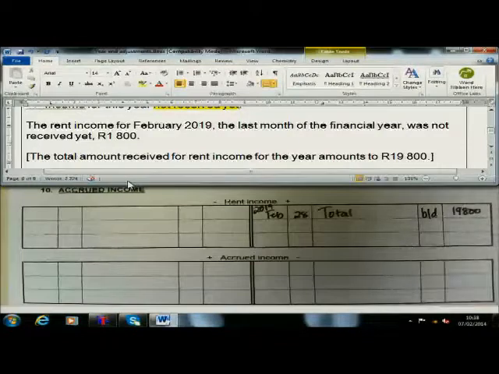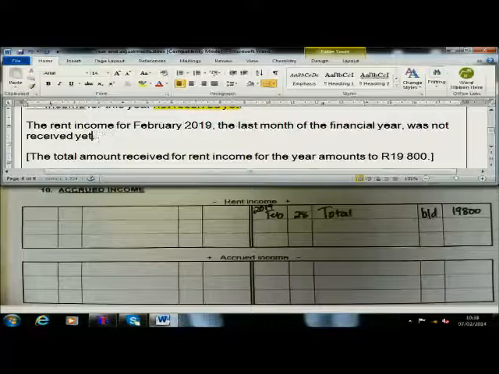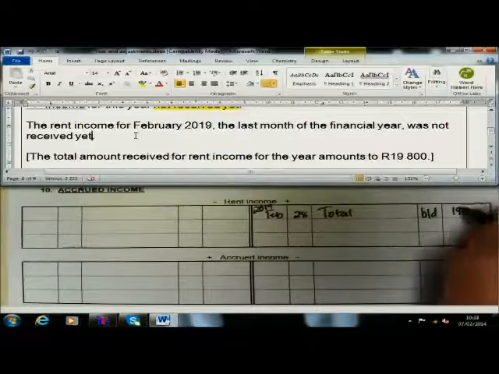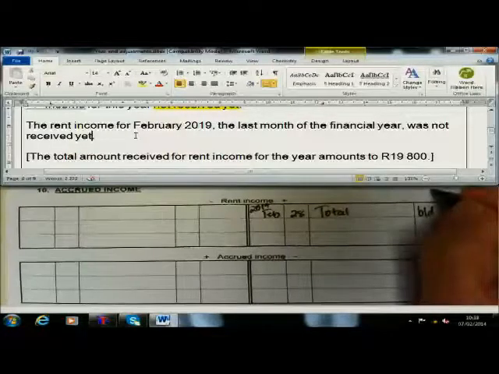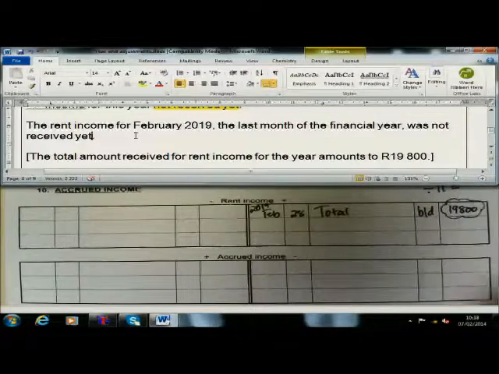Now they can either only give you that amount and tell you that the rent income for February was not received yet, or they can give you the amount of 1,800. Are you with me? What are you going to do now? You're going to take that 19,800 and divide it by 11. Why?